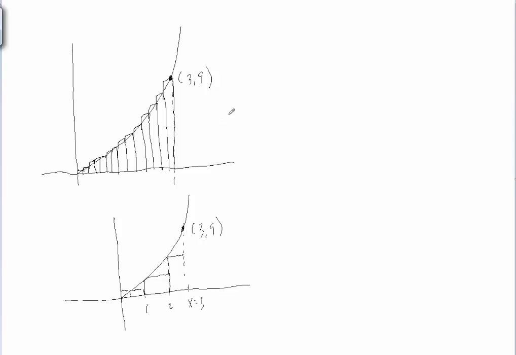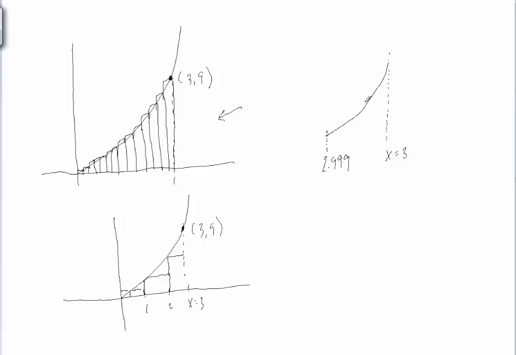Now, you notice with this top one, I've got a lot more rectangles. What ends up happening, if we zoom in on one little tiny piece of the parabola, say this is x equals 3, and here this might be 2.999. We're looking at some little tiny area right up here.